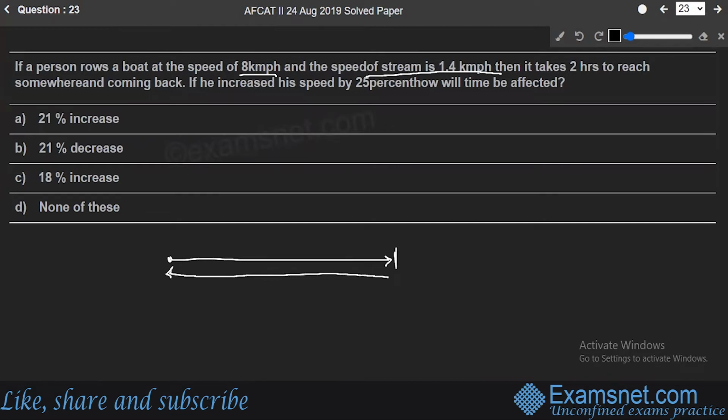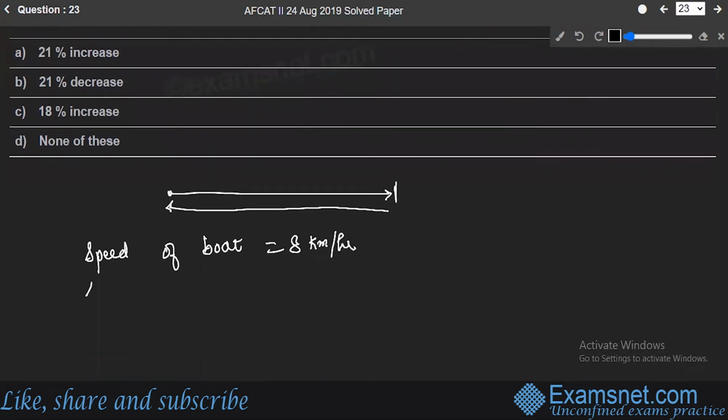So the speed of the boat is given to you as 8 kilometers per hour, and the speed of the stream is 1.4 kilometers per hour. Let the distance between them be d, right? So this is d, and obviously when we come back to the original point, this is also d.